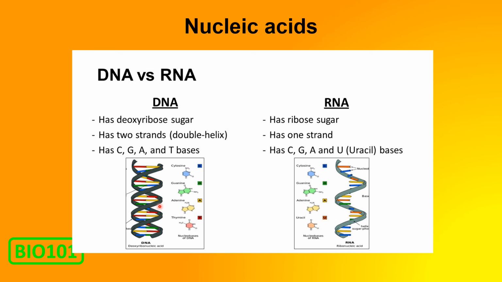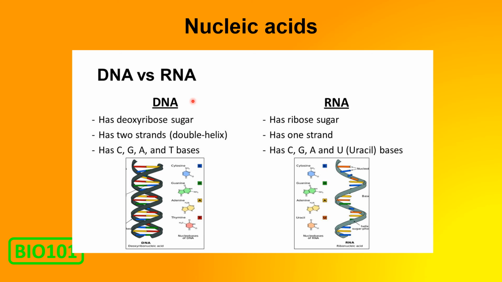Because one of these is an alpha helix, you put two together and you have two helices, or a double helix. And remember, the bases between the two helices are cytosine, guanine, adenine, and thymine. RNA, on the other hand, is only single-stranded. We call it single-stranded RNA, or lowercase s, RNA. Now DNA can also be single-stranded.